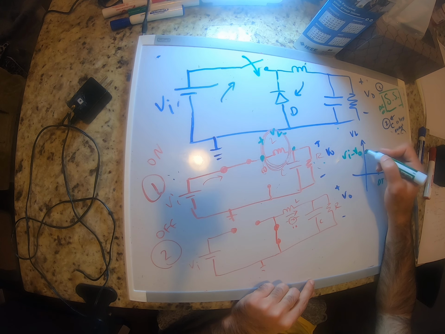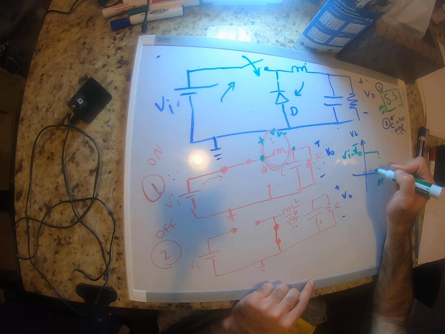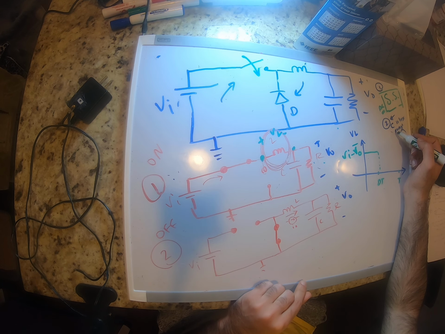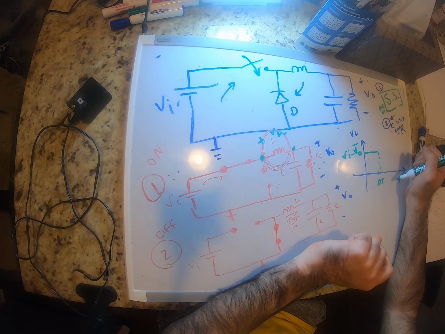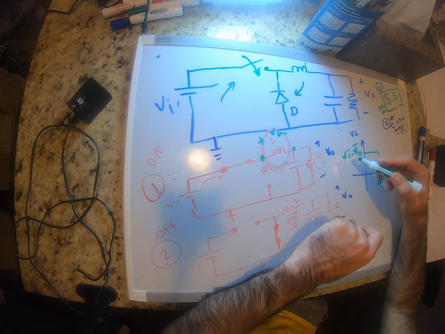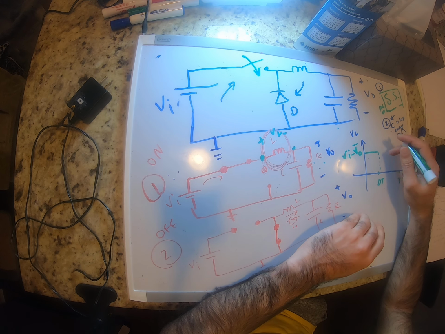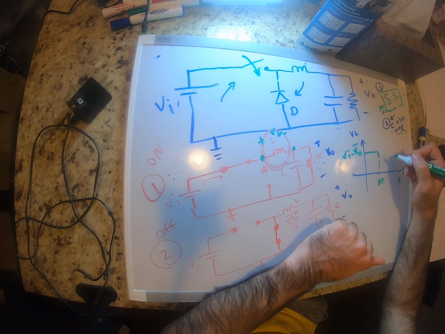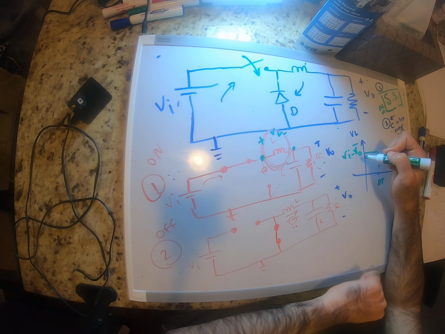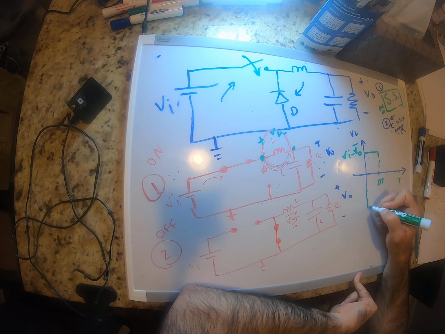There's going to be small changes in VO, so I'm just going to write average VO. We said that C is large enough so that the output voltage doesn't change that much, but it still has some small changes, so I'm just going to write this on average. Most of the analysis that we do here is over one period, so this is the output voltage averaged over one period.